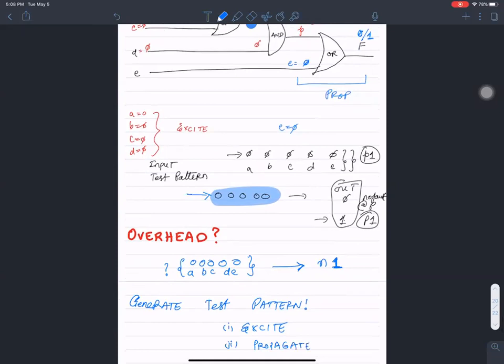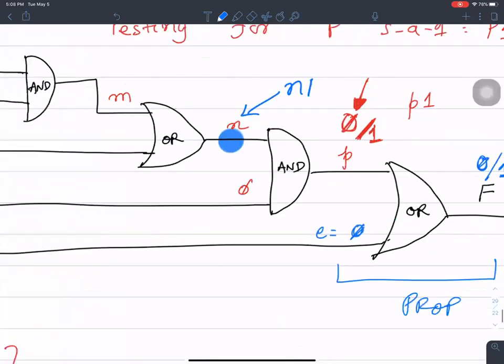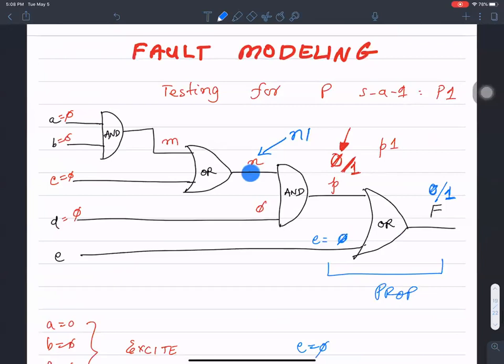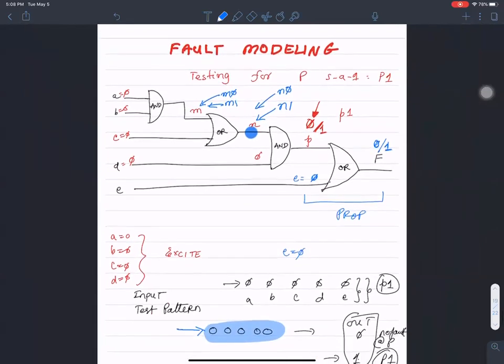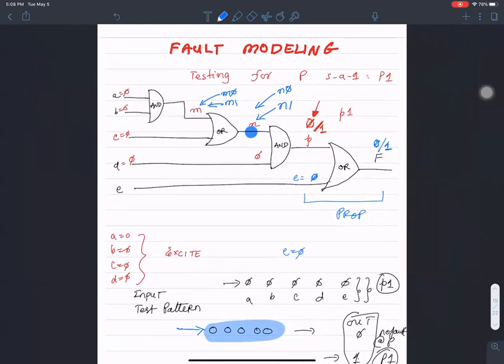So I have to follow both of these steps, excite and propagate, for each of the nodes and for each of the faults. So I have to do the same thing for n0 and n1. Here I have to do m0 and m1. So the overhead is that for each fault that I want to test, I have to do the excite and propagate steps. That ritual of excite and propagate over and over again for each of the faults to test.